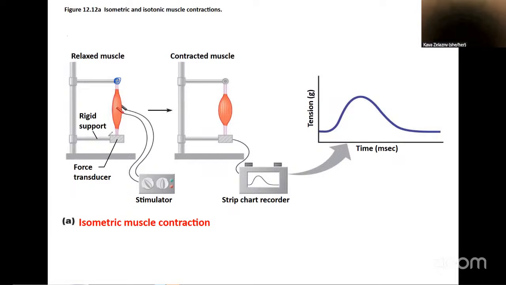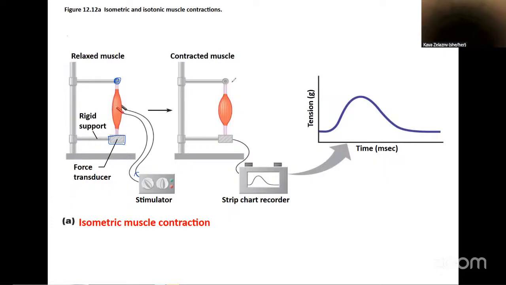Here we've got our force transducer. So this is what's measuring tension. Okay. Here's our stimulator. So we've got some electric probes shocking this muscle to get it to contract. In the body, which would be a nerve. Okay. And we're taking a recording of what force, or what tension, we generated here.